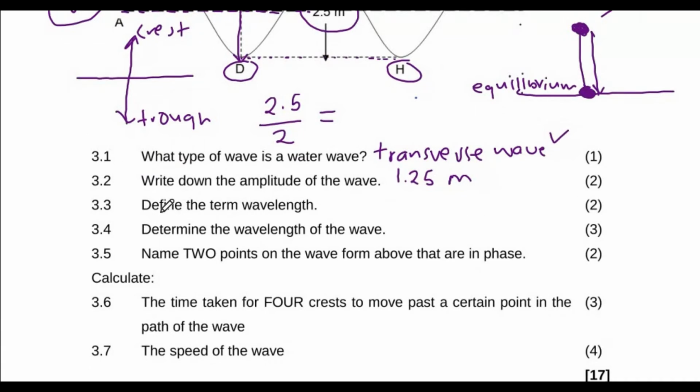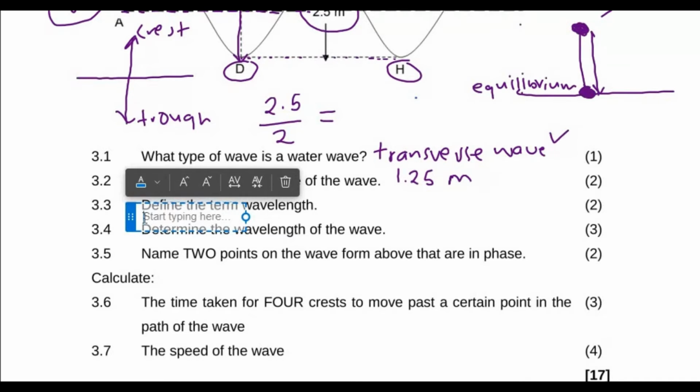And now we need to define the term wavelength. So how do we define a wavelength? A wavelength can be defined as the distance between two consecutive, or two successive, crests. The distance between two consecutive, did I get the spelling wrong?